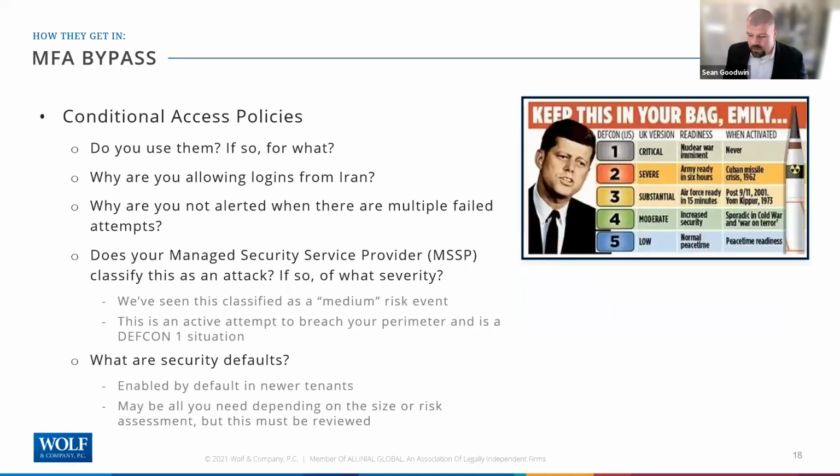Conditional access is another item related to multi-factor authentication. And what we're looking at here is essentially using some of that advanced technology to dynamically control what sort of authentication factors are required. So looking at things like the login source geo IP, so we have here Iran.